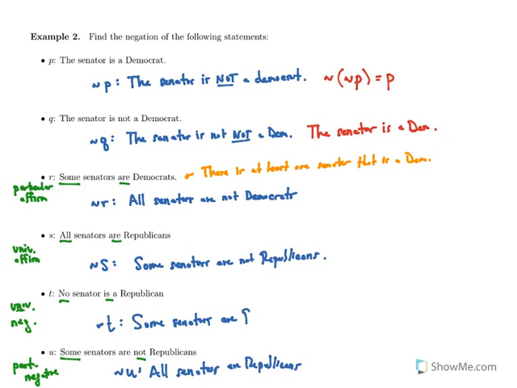This is where it's good to just think about, does it actually make sense? In our minds, the opposite of not one senator being a Republican should be that there is a senator that is a Republican. All right, so universal changes to particular, and vice versa. Affirmative changes to negative, and vice versa. All right, let's move on.